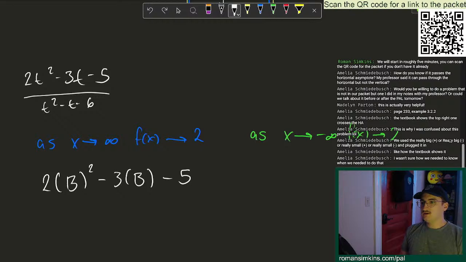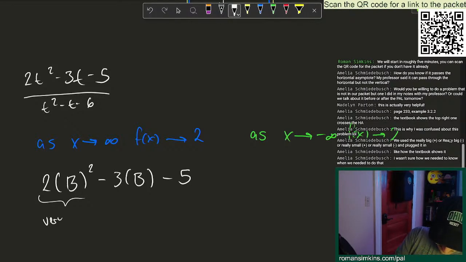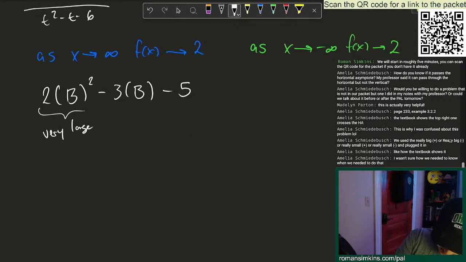Okay, this is where we get very hand-wavy, but let's think. I've got 2 times a billion squared, positive, because we're dealing with positive infinity right now. That's a positive number, very, very, very large.